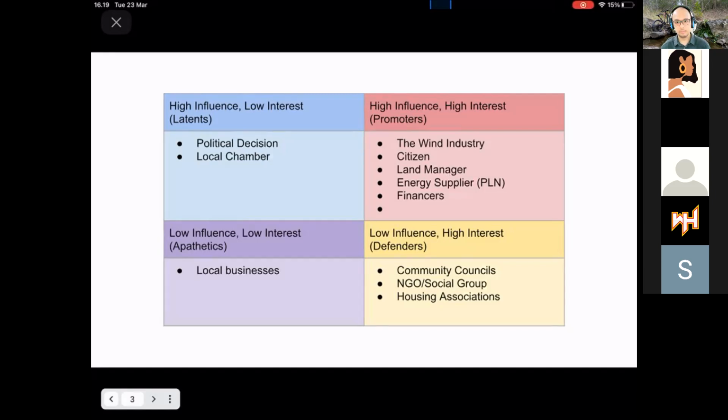I feel like if the citizens are already represented as a group of their own, local businesses specifically don't necessarily have an effect on this project. So that's why we put them as apathetic. And that's about what we have discussed in the short time that we had. Thank you.